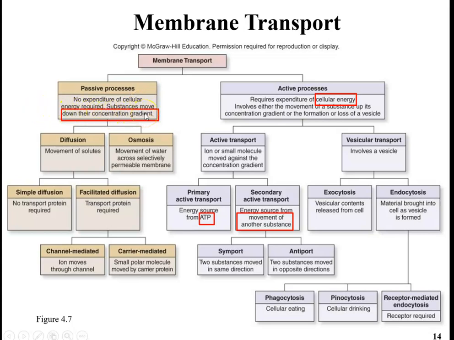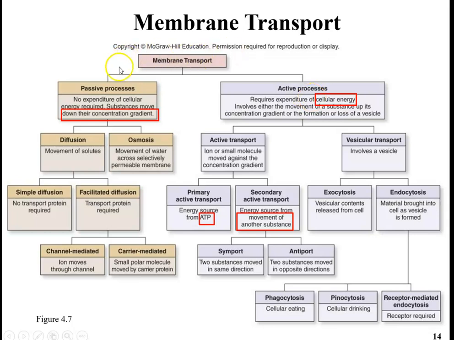So from areas of high concentration to low concentration. Whereas active processes do require cellular energy and involve either the movement of a substance up its concentration gradient, from areas of low concentration to high concentration, or involve the formation or loss of a vesicle.